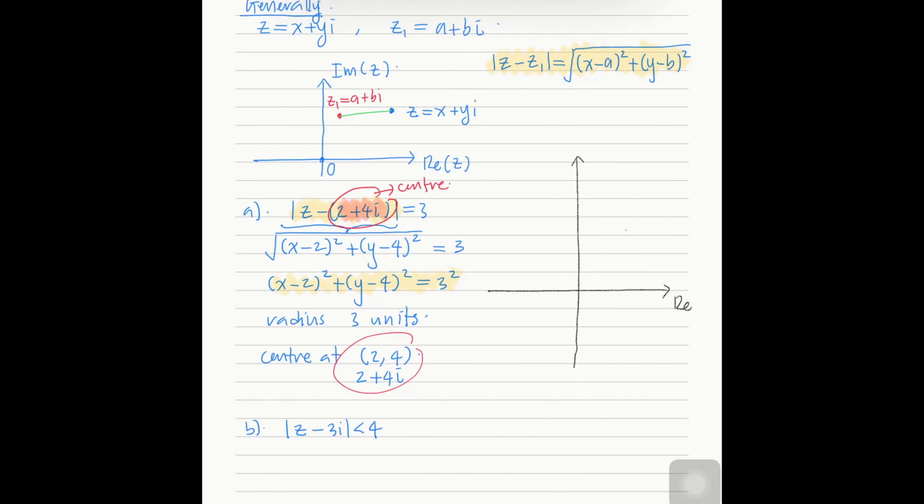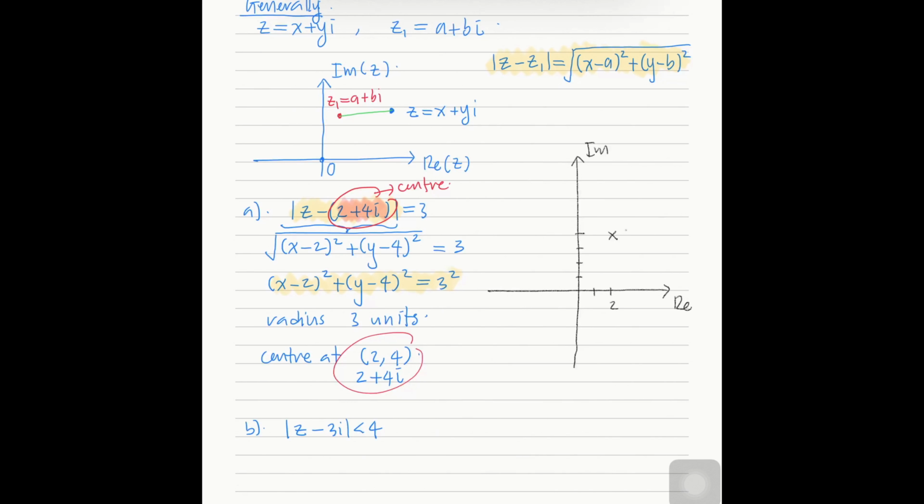Real axis, imaginary axis. First we need to locate the center. The center is (2, 4): 1, 2, go up by 4: 1, 2, 3, 4.